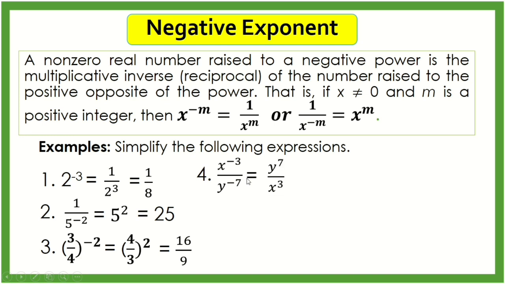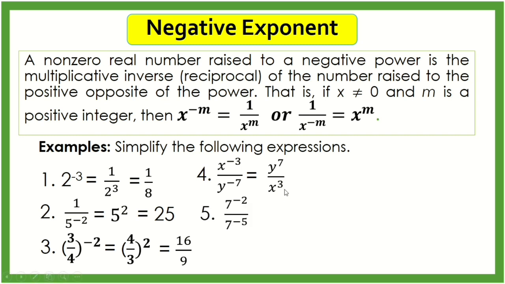Okay, so we have y raised to 7 over x cubed. So, yung y raised to negative 7 na nandito sa denominator, siya na yung magiging numerator. And then, magiging positive na yung kanyang exponent. Yung dito sa numerator, mapupunta na siya dito sa denominator and then positive exponent.